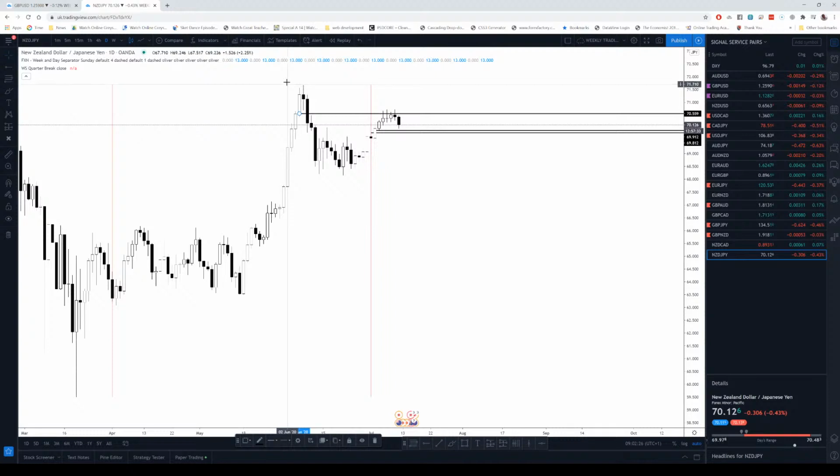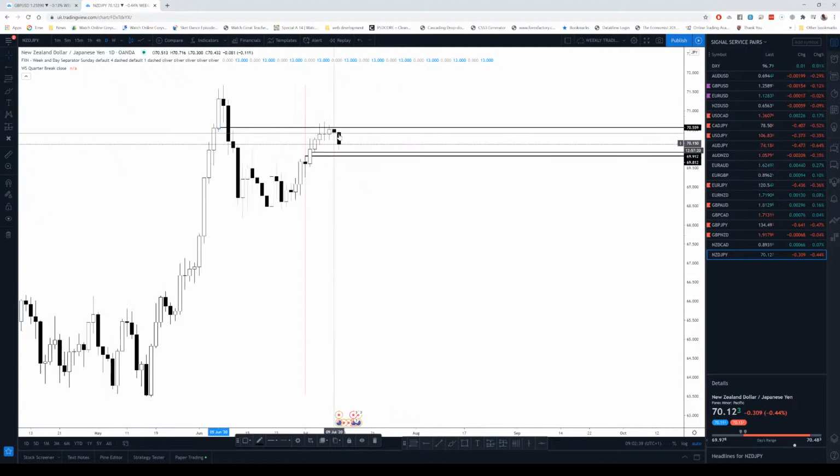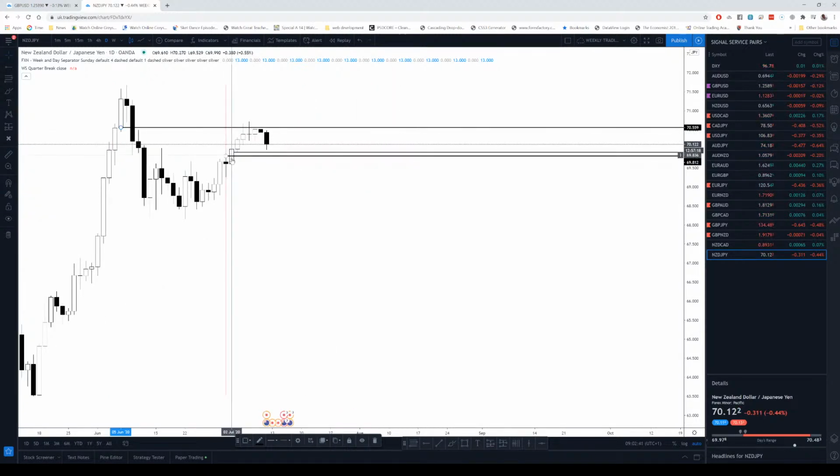I was expecting it to run this high, but this level is strong. Therefore, it's not going to go easily, so it's causing it to go into a retracement. But I like the level that I've marked out there. So just be mindful and watch that level. That level can probably cause price to go back up and take out the high.